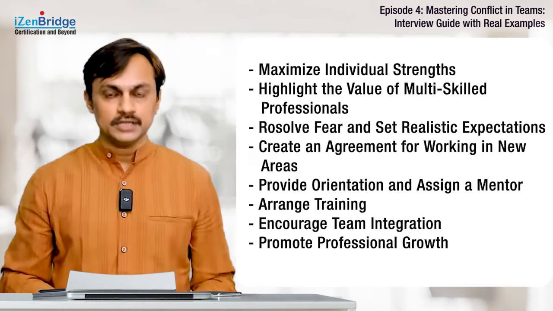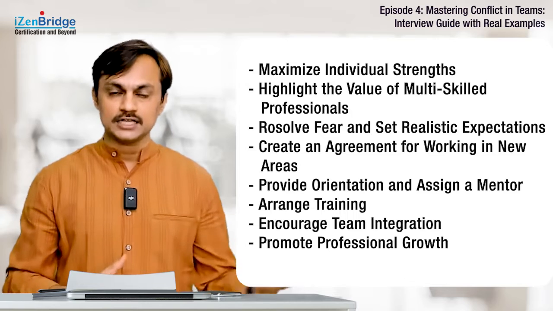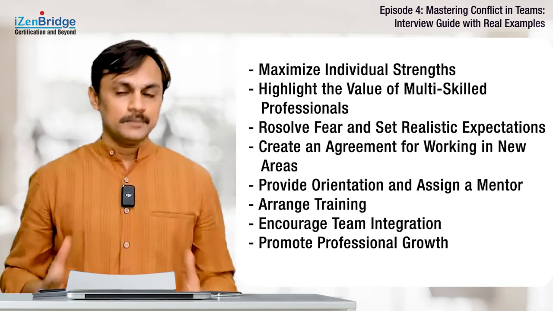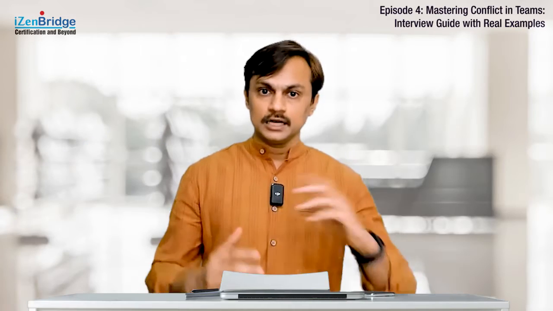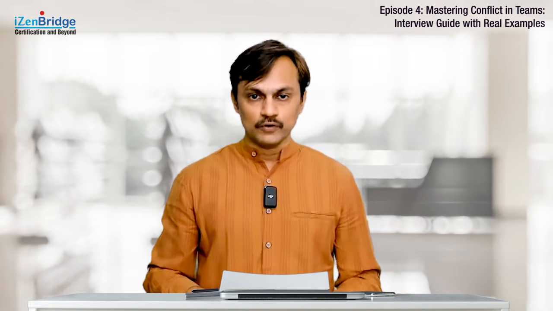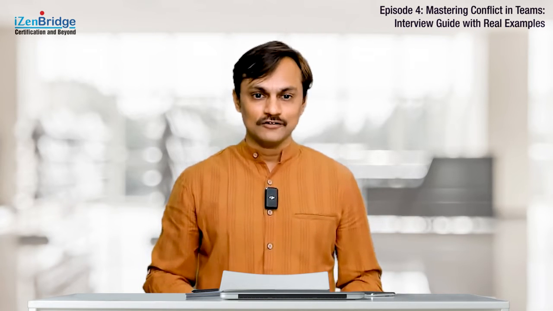It also helped him become a better contributor and better professional in his own area as well. And as a project, we got the benefit of resolving bottlenecks, because we were having situations where we had more work in that area. Now we have another person who can work in that area at an average level and speed up our overall team performance. So this is how you handled this particular conflict.